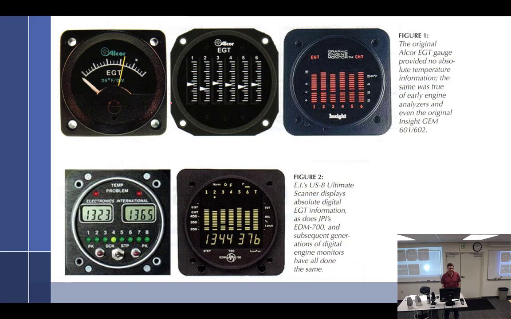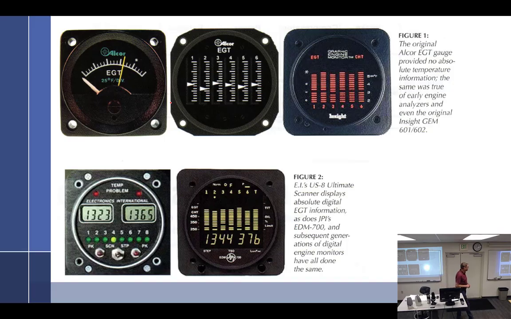This is the first EGT gauge ever made. Notice the numbers. There are no numbers. It even says it: the original Alcor EGT gauge provided no absolute temperature information. The same was true of early engine analyzers and even the original Insight Gammy.